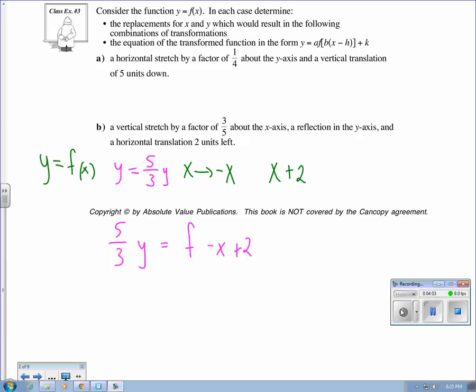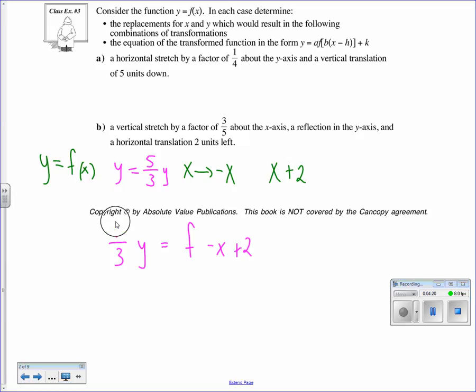In this one, I just had to go back and read what that vertical stretch said. The vertical stretch is actually giving us what our A value is. I was trying to interpret it in that other format. So really it was y equals 5/3 y, which by the time you put it on the standard side is going to become 3/5. And then we need to work on our brackets.